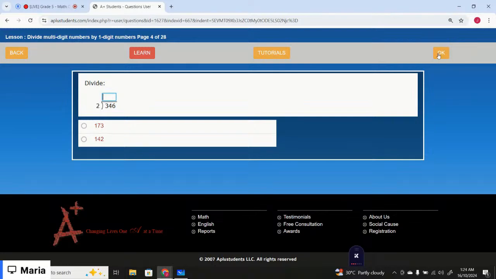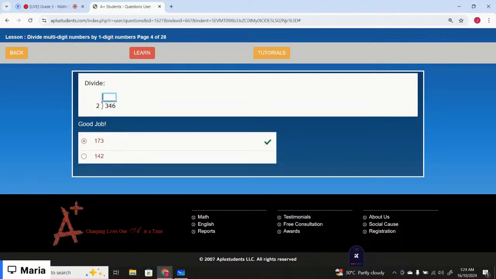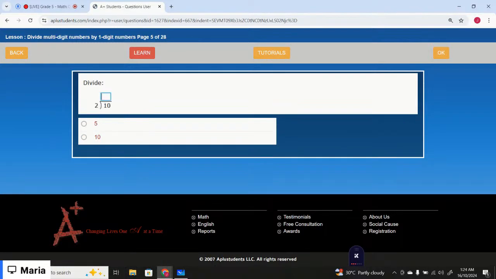Option number 1 is the correct option. Very good. The next one is 10 divided by 2. 2 times what number is 10? 2 times 5 is 10. Option number 1 is the correct option. That is 5.